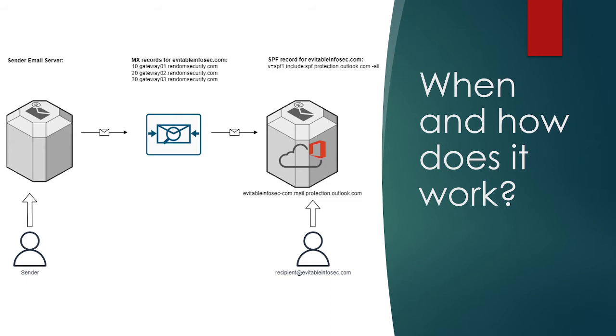But in this case, it also discloses the real email server behind the external mail gateway. The SPF record for our recipient domain discloses that M365 is being used, and Microsoft convention for email domains allows us to extrapolate the host address for the server as being evitableinfosec-com.mail.protection.outlook.com.